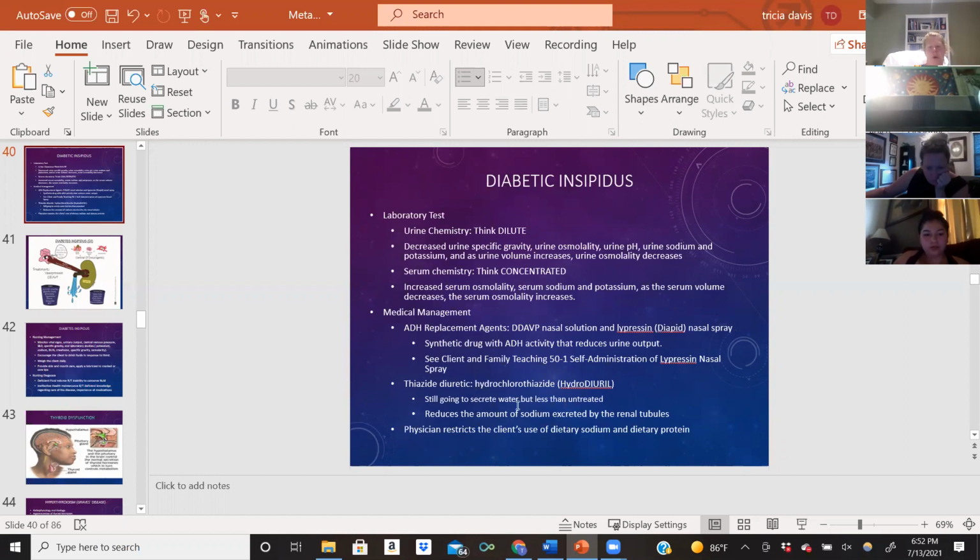It's actually going to work to reduce the sodium that is excreted at the renal tubules. That's how it works. And then the physicians are going to put in orders to restrict the client's dietary intake of sodium and protein. So they're going to be on a special diet.